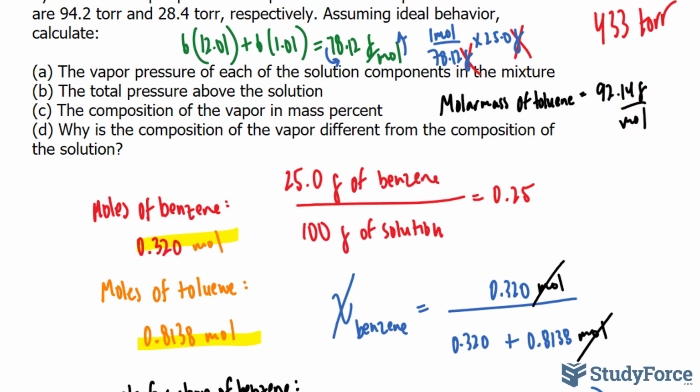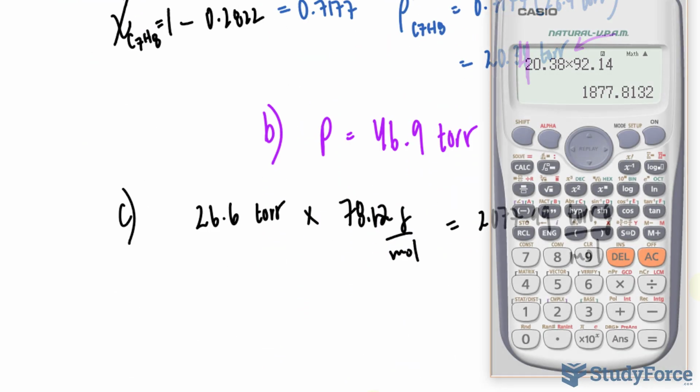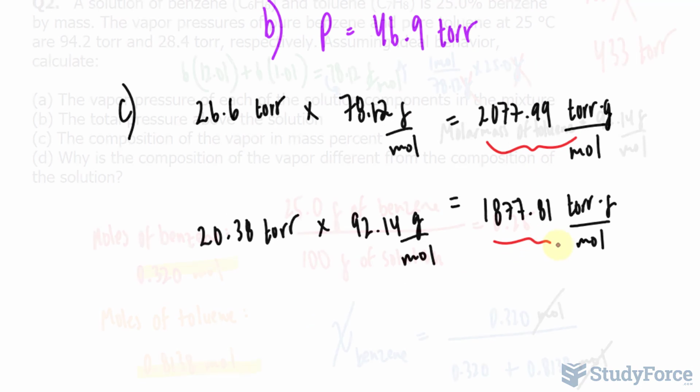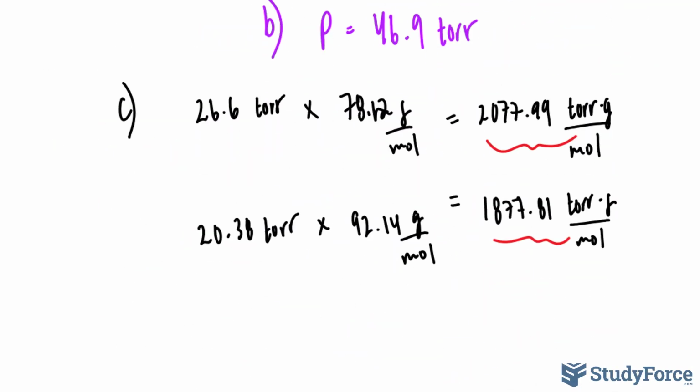We'll multiply that to its pressure of 20.38, and we end up with 1877.81.